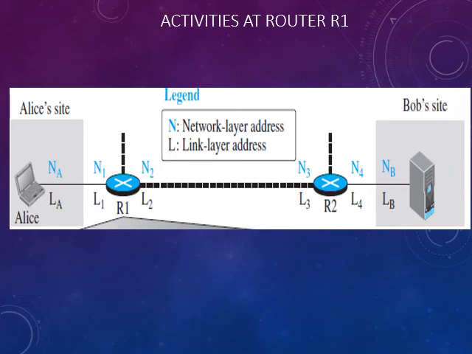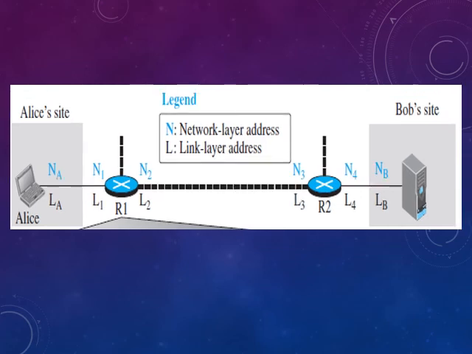The network layer consults its routing table to find out which is the next node or router in the path to NB. The forwarding table returns N3. The IP address of the router R2 is in the same link as R1. The network layer now uses ARP to find the link layer address of this router, which comes up as L3.